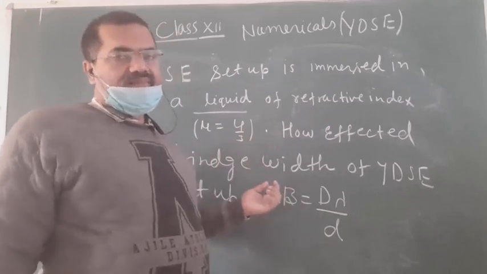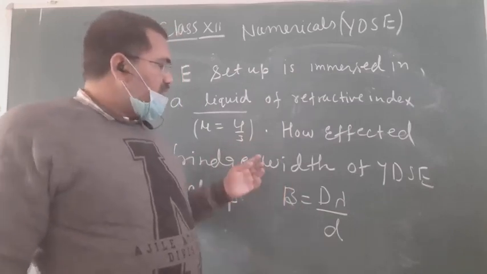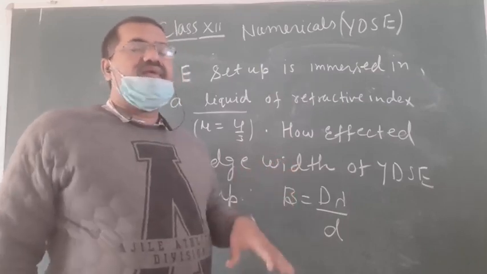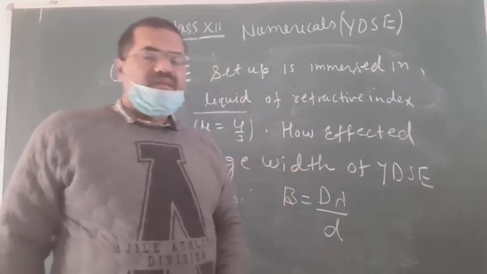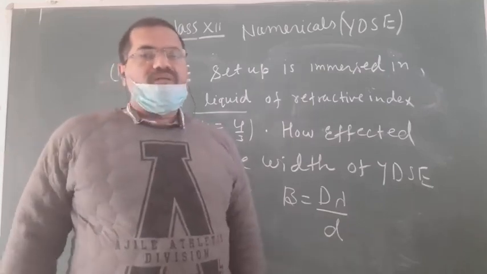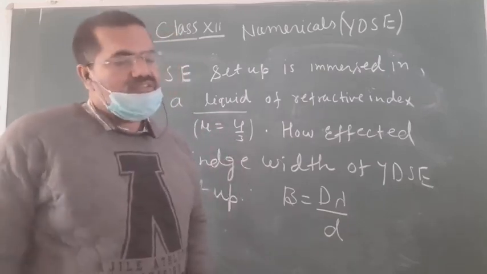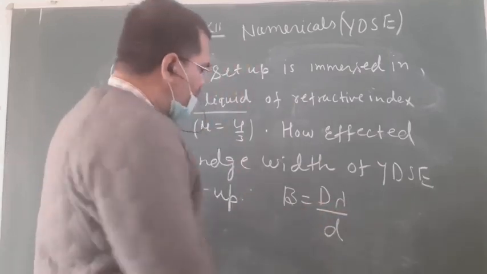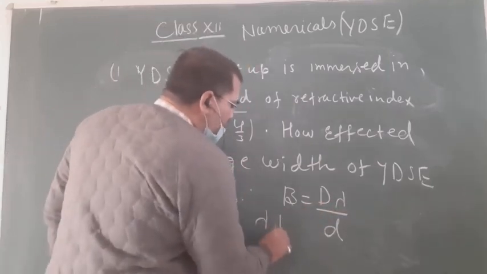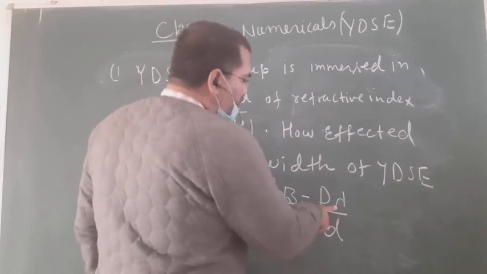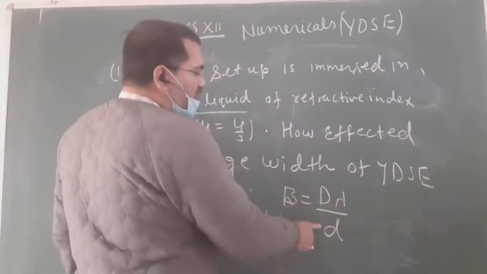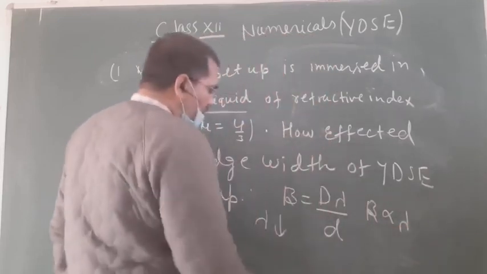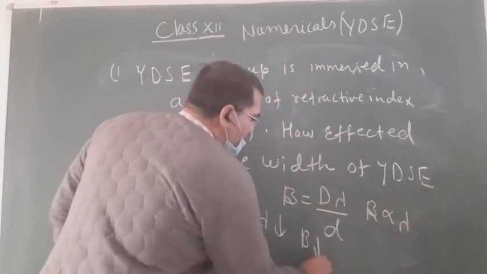So the YDSE setup is initially in air and finally in a liquid of refractive index 4/3, which is more than air. If we enter a medium of higher refractive index, then the speed and wavelength of the wave will decrease. So lambda will decrease. As lambda decreases and d is constant, beta is proportional to lambda, so beta also decreases.